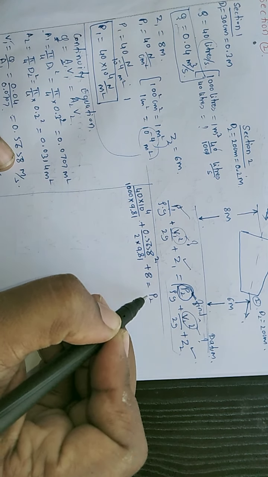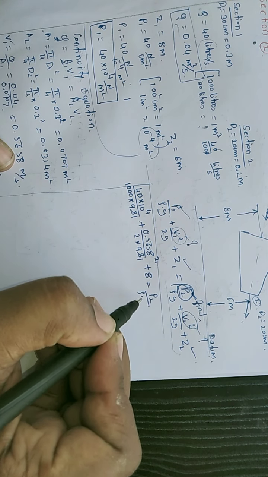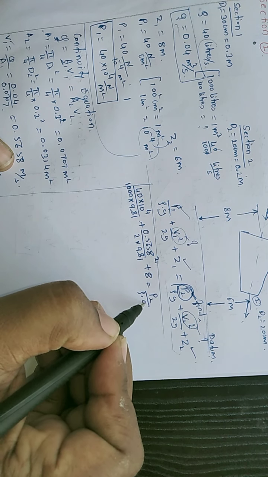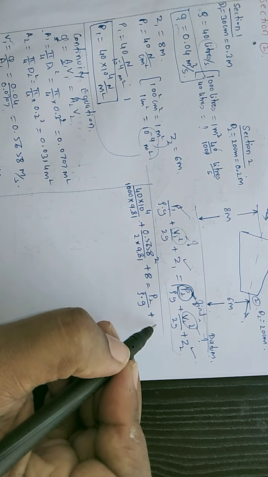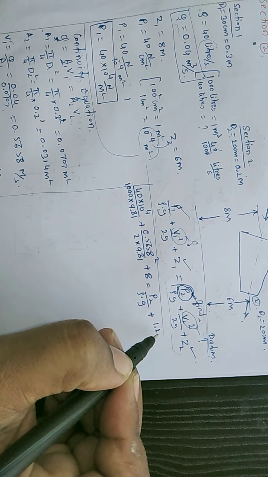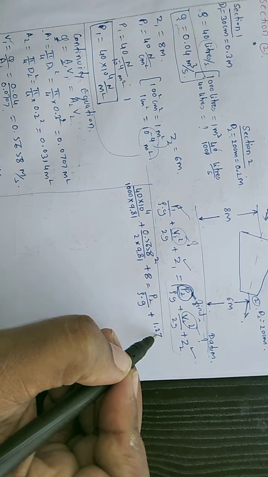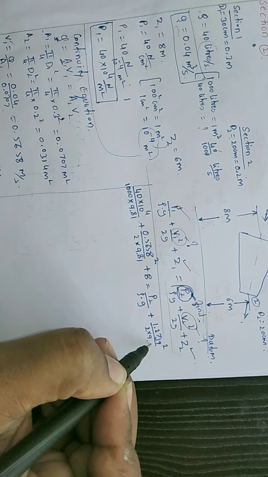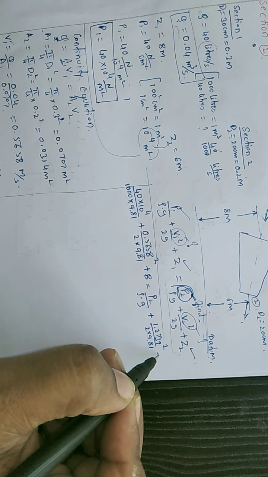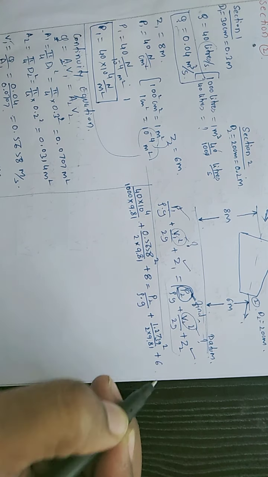We need to find P2, so we keep P2 by rho g as it is, plus V2 square, 1.2739 whole square, divided by 2 into 9.81, plus Z2, which is 6.